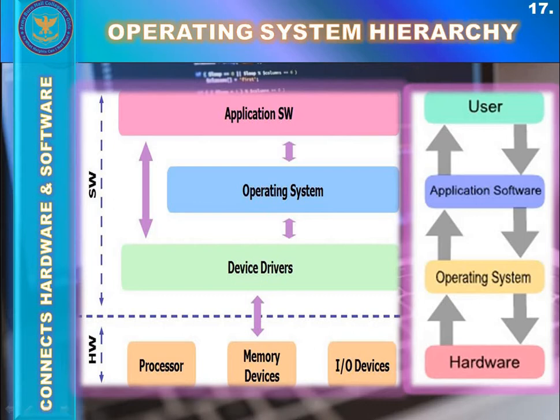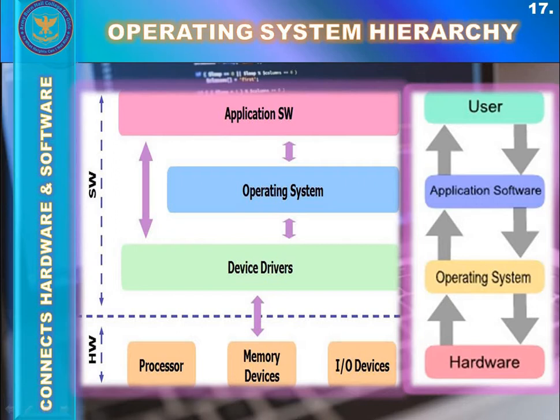Likewise, the operating system is connecting the hardware with the user too, and you can see that the user is at the topmost hierarchical level of a computer. The user is using application software, suppose MS Word, MS Excel, MS Paint, or a web browser.